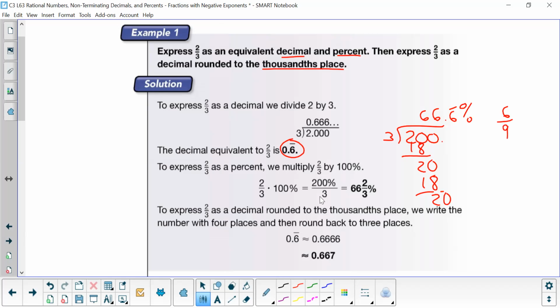So because I'm moving this over 1 place, that's the tenths place, I subtract 1, and that's 6 over 9, which I can reduce, both of these by 3. So 6 divided by 3 is 2, 9 divided by 3 is 3, so I end up with 2/3. So I can also write this as 66 2/3%.